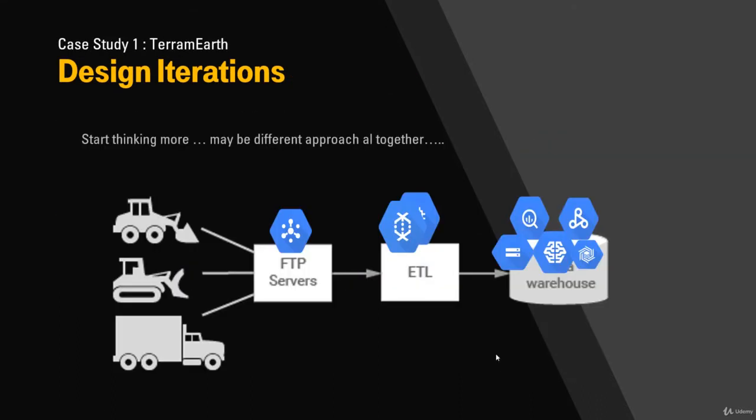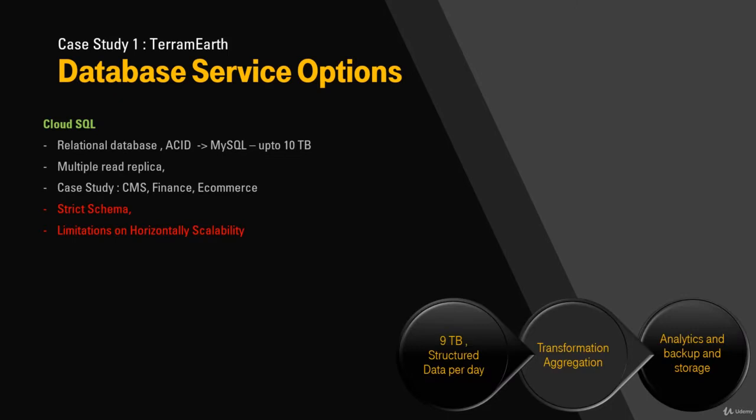To arrive at this conclusion, which solution I'm going to choose, you will need to apply different attributes. What are the advantages and disadvantages of different services? Let us run through those for this particular case study. You have an RDBMS requirement. You have Cloud SQL as a first choice, where you can spin up MySQL and PostgreSQL.